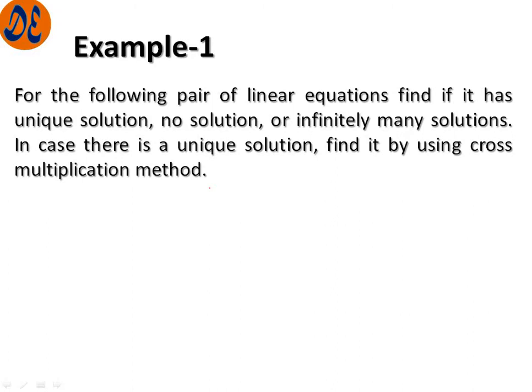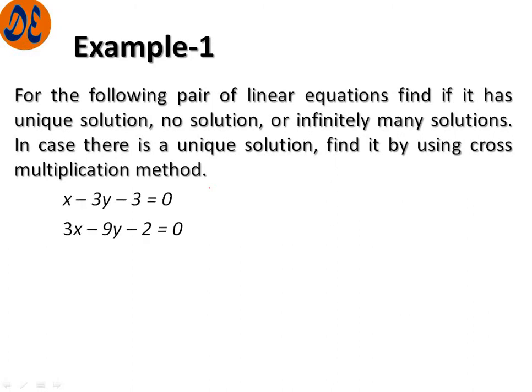In case there is a unique solution, find it using the cross multiplication method. That means only if a unique solution exists do we need to find it, because if there is no solution we cannot find any, and if there are infinitely many solutions it is difficult to say which solution we would take. So only in the case of a unique solution will we calculate.